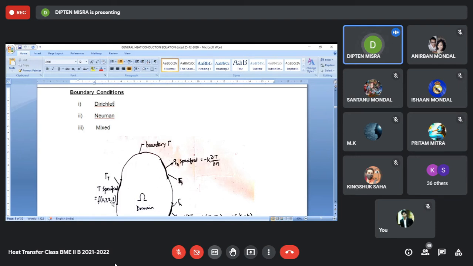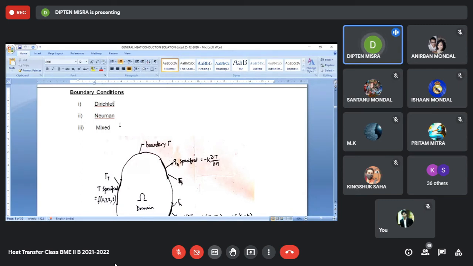So the boundary condition also may be a function of time. But this is a very generalized case. In reality, there may be many problems where so much generality may not be present. So there may be some part of the boundary where the temperature is prescribed, where the temperature is known with respect to XYZ and with respect to time. This part of the boundary will be called a Dirichlet type boundary condition, where the temperature is specified.